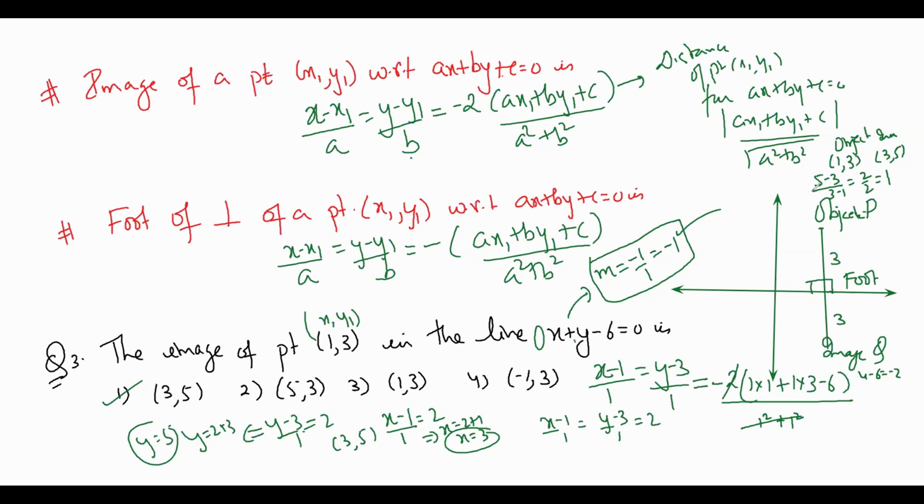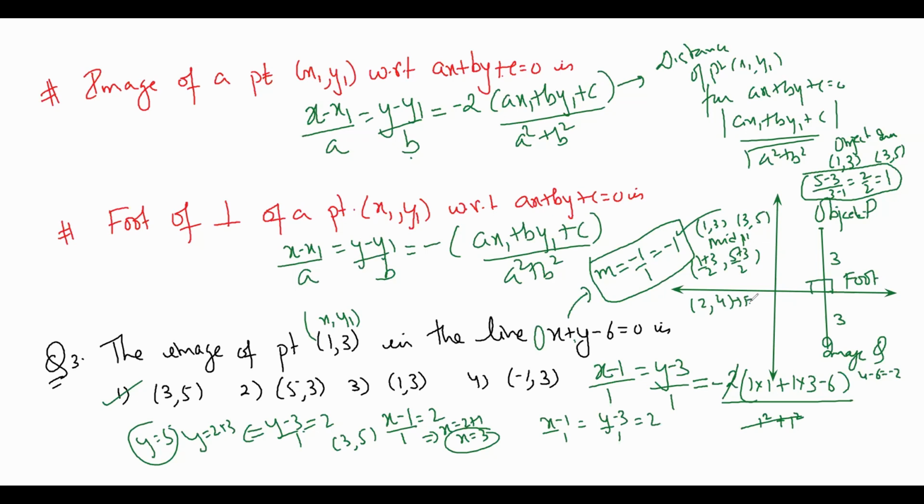Okay, but I have to cross check it, because this is what m1 into m2 comes out to be, minus 1. So my answer may be this first, but I am just taking the second condition also, and that is the foot is always the midpoint. Just check the midpoint of (1, 3) and (3, 5), and midpoint is (1 plus 3) upon 2 and (5 plus 3) upon 2, and that comes out to be (2, 8 by 2), that is (2, 4).